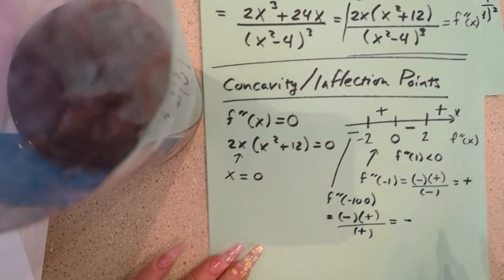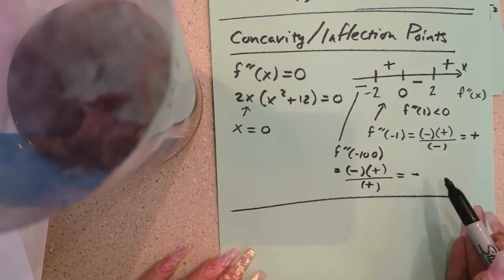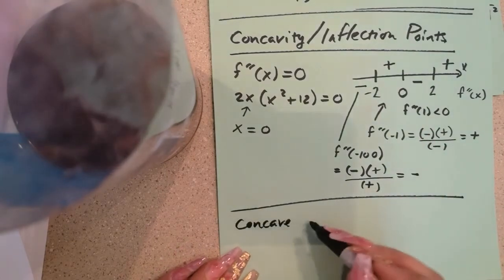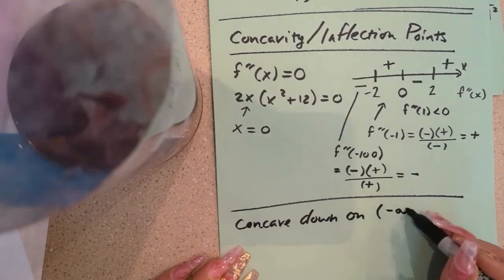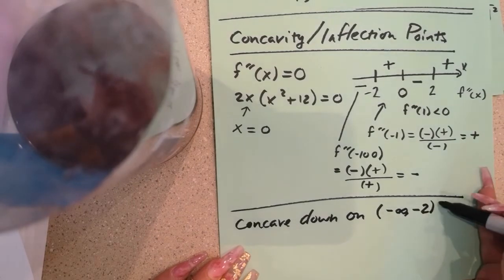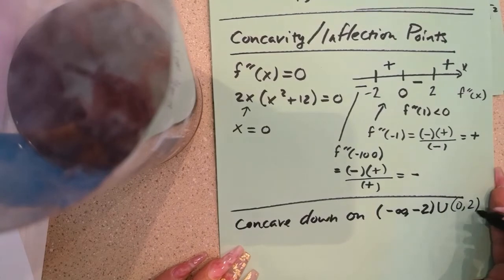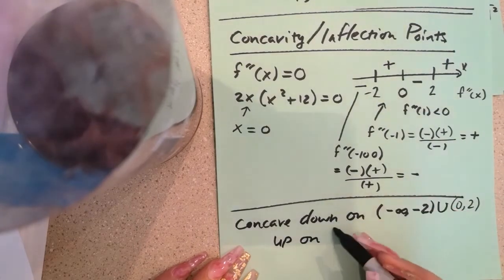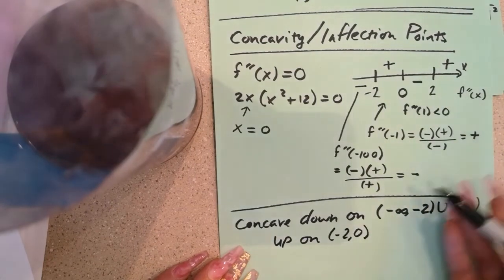Okay. So then, what can I write out then? So let's see, I guess this guy is concave down from -infinity to -2. And then again from 0 to 2. Concave up on, let's see, -2 to 0 and 2 to infinity.